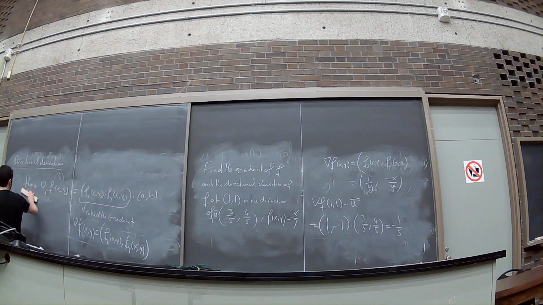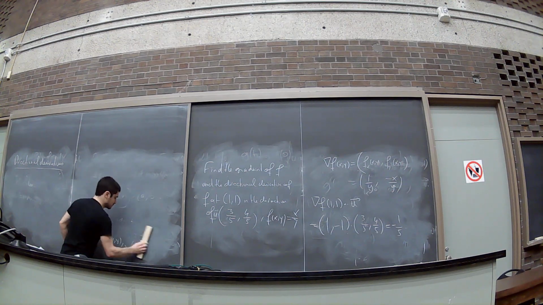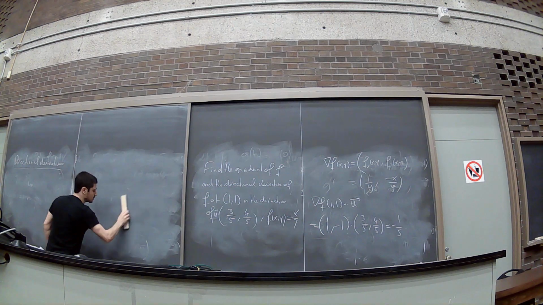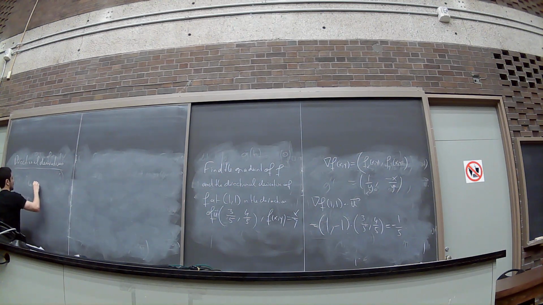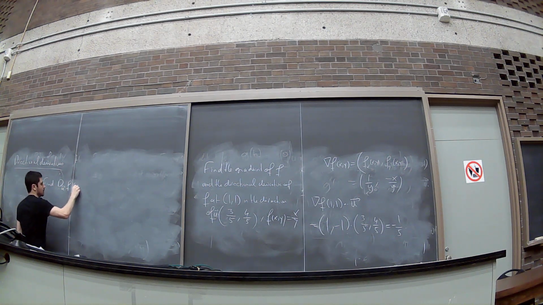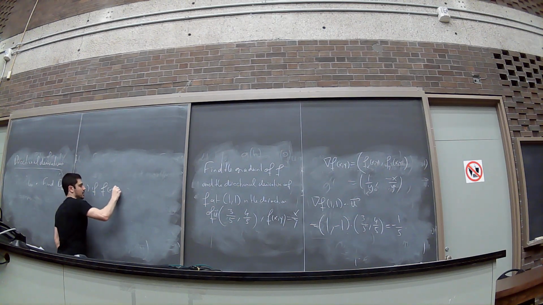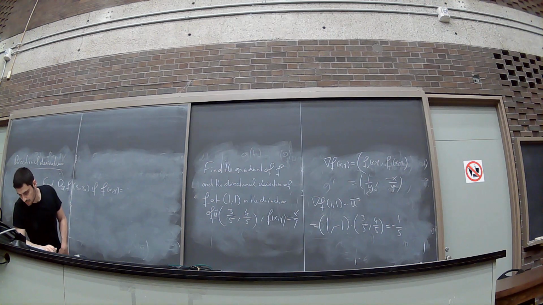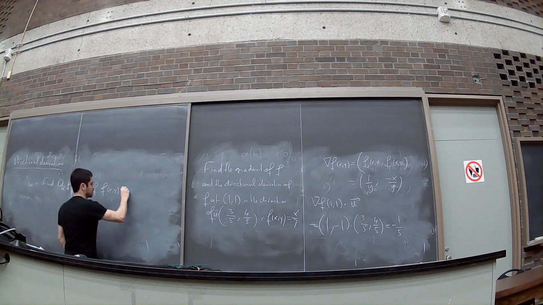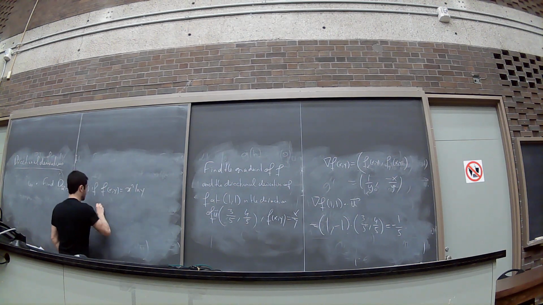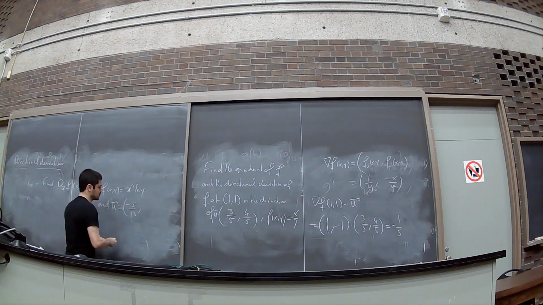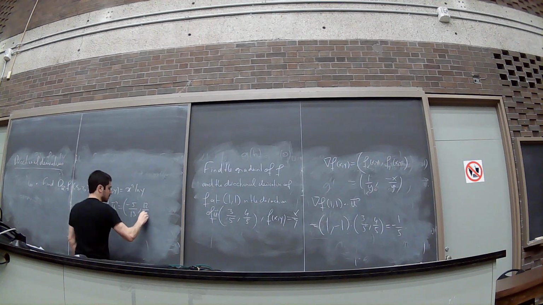One more? Let's do one more. Okay, let's do a harder one. Find D_u f at (x0, y0) if f(x, y) is equal to x squared ln y and u is (minus 5 over 13, 12 over 13).